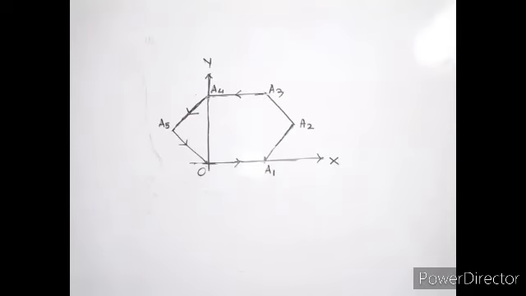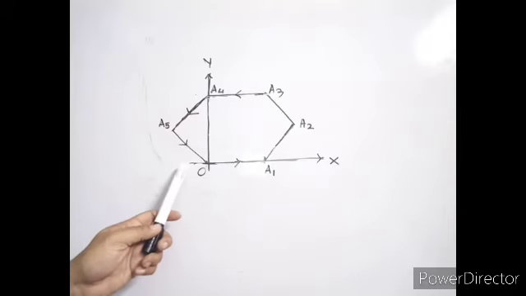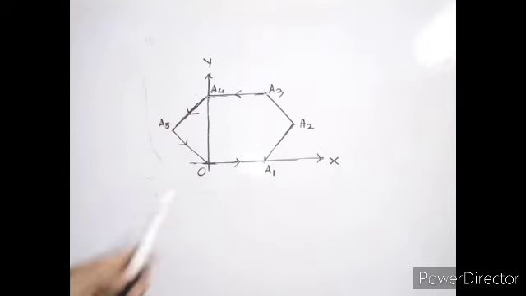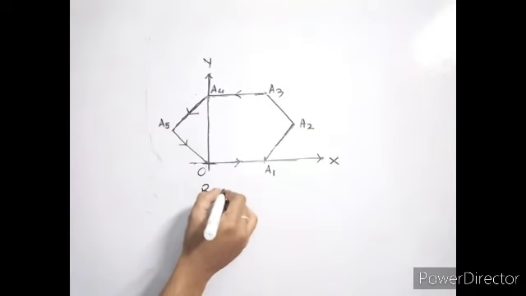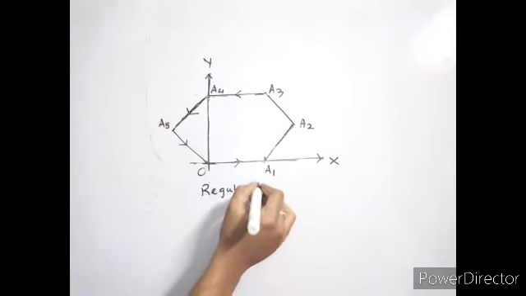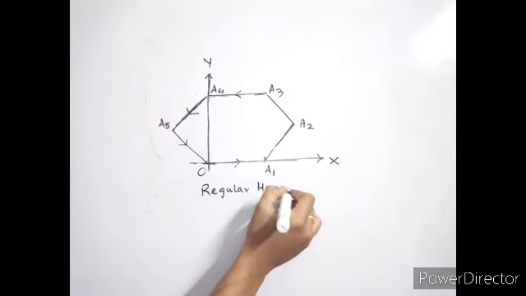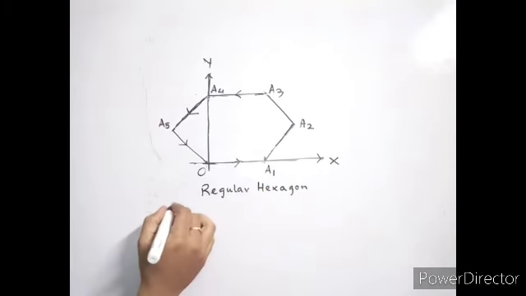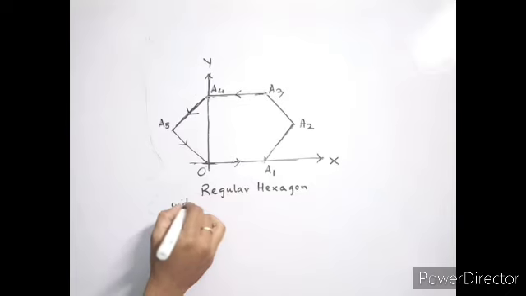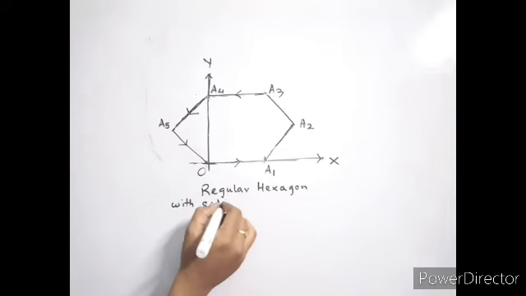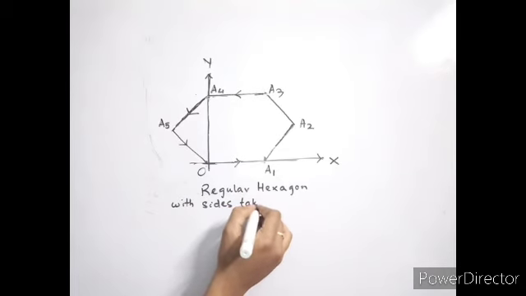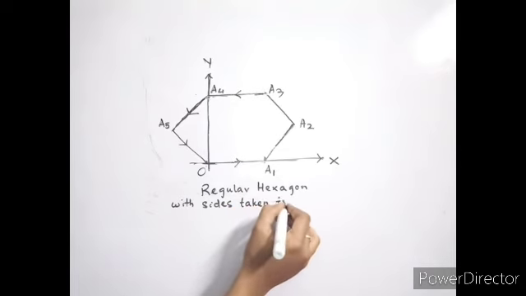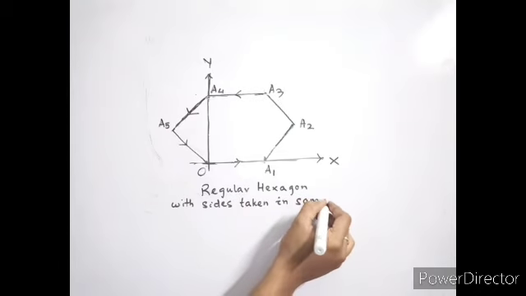In the next question we have a regular hexagon to be represented in the way shown in the figure, along with the x and y axis. Now this is a regular hexagon, with obviously each side having the same length, and the sides are in the form of vectors, taken in the same sense.